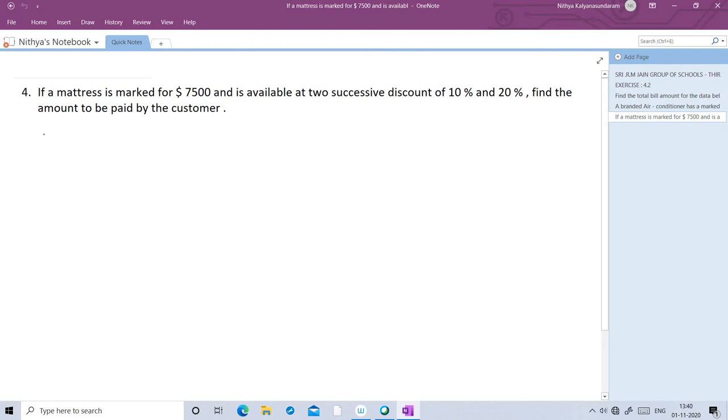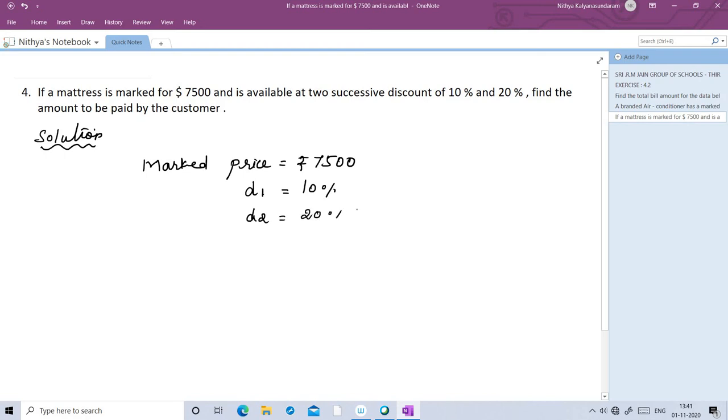So the marked price in this question is rupees 7,500, and the discounts we consider as D1, that is 10%, and D2, that is 20%. First we find the price after discount D1.